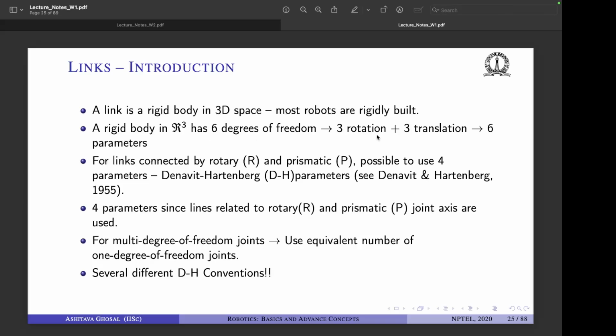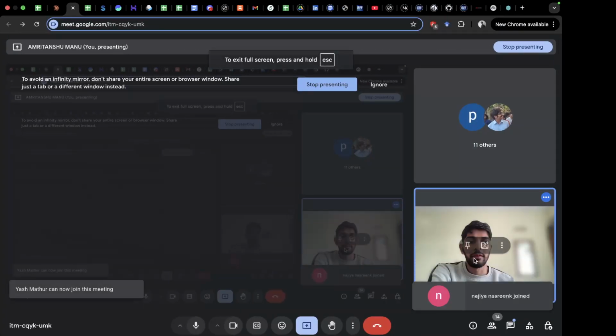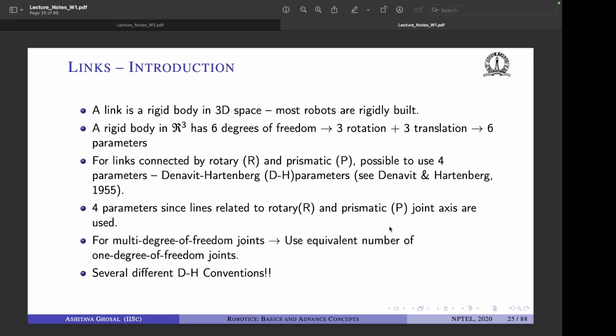So XYZ translation and 3 degrees of freedom of rotation. So basically rotation about the x-axis, about the y-axis, about the z-axis. So three rotational degrees of freedom. So total 6 degrees of freedom are there, right?